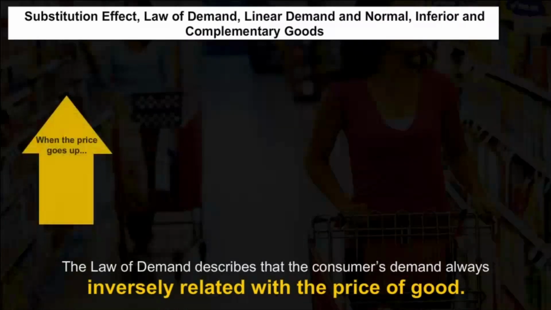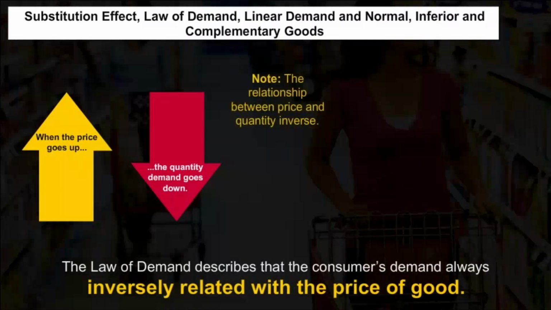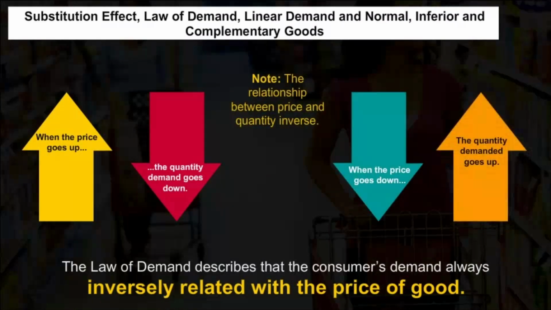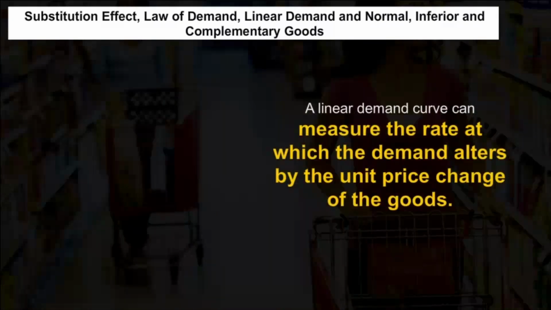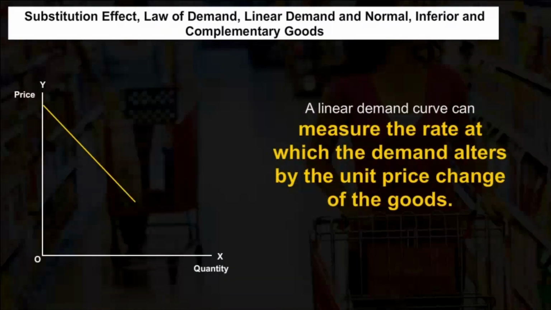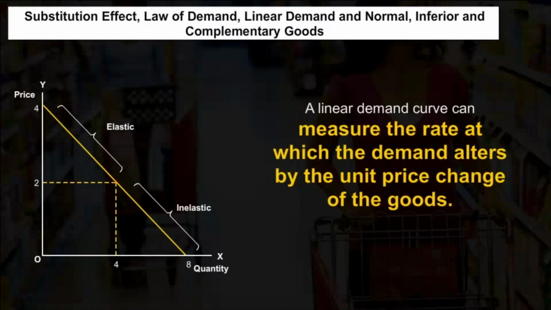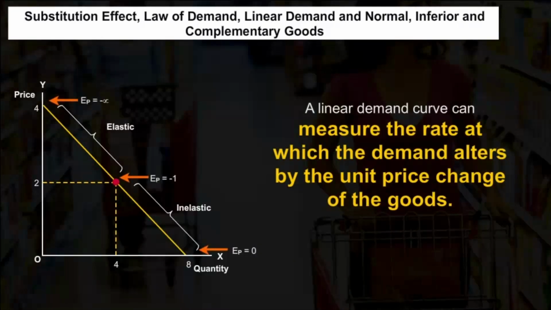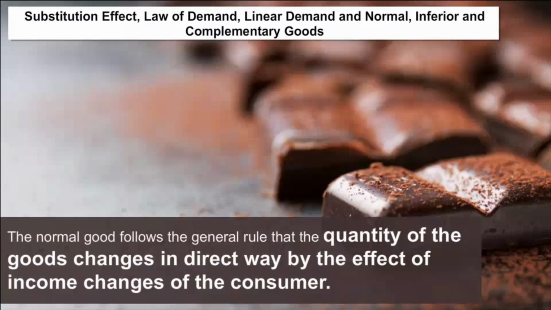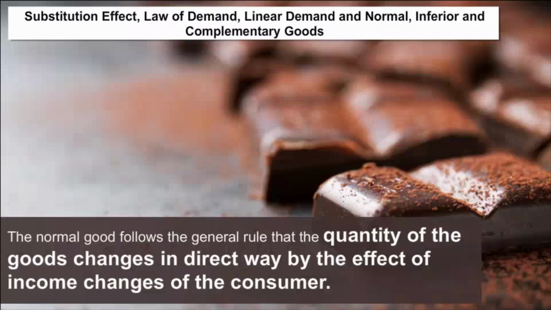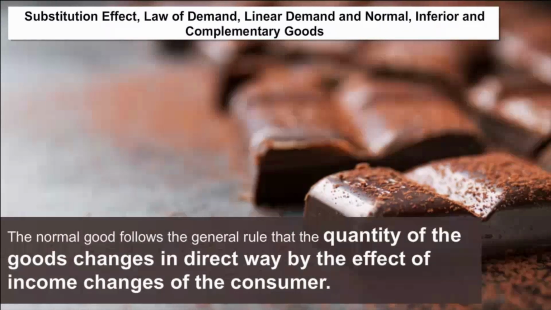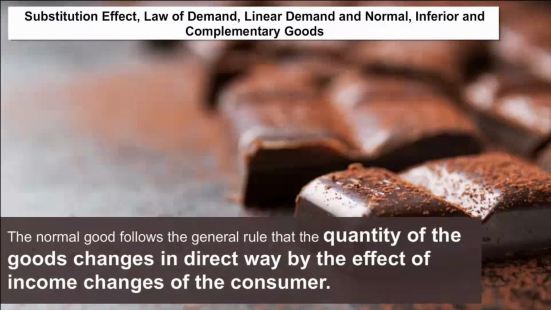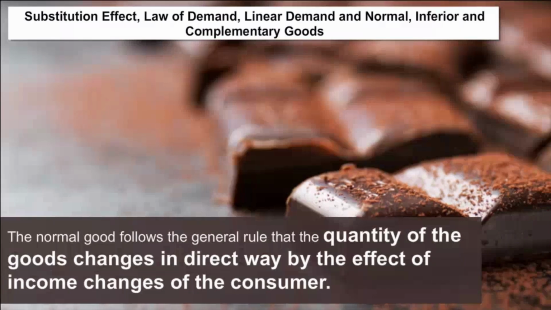The law of demand describes that the consumer's demand is always inversely related to the price of the good. A linear demand curve can measure the rate at which the demand alters with a unit price change of the good. The normal good follows the general rule that the quantity of the good changes in the same direction as the consumer's income.